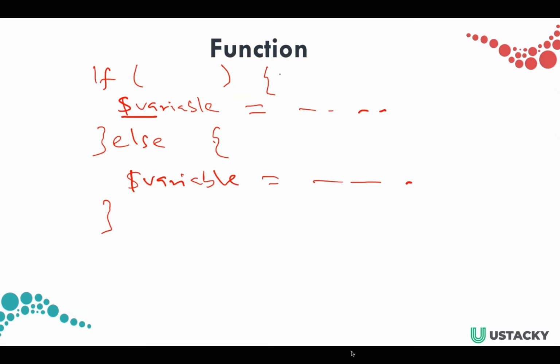The variable here is different from the variable here because the life cycle of this variable is this context, and that of this is this context. Even though they have the same naming, they are two different things entirely. So that is the meaning of the word. The scope of a variable is within the context in which it is defined.